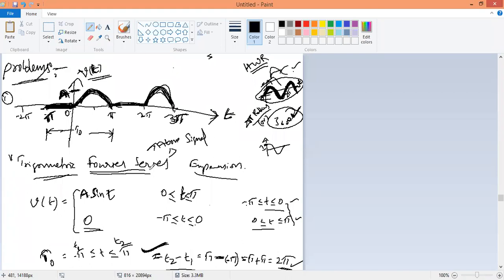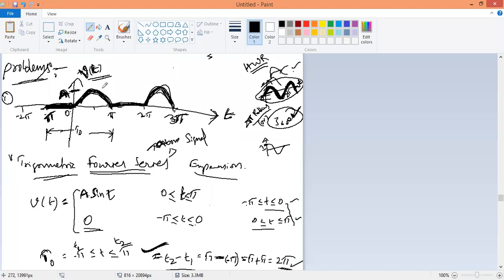Before going to the expansion, first you have to define the signal V of t. V of t has two parts: one positive half cycle and one zero half cycle.